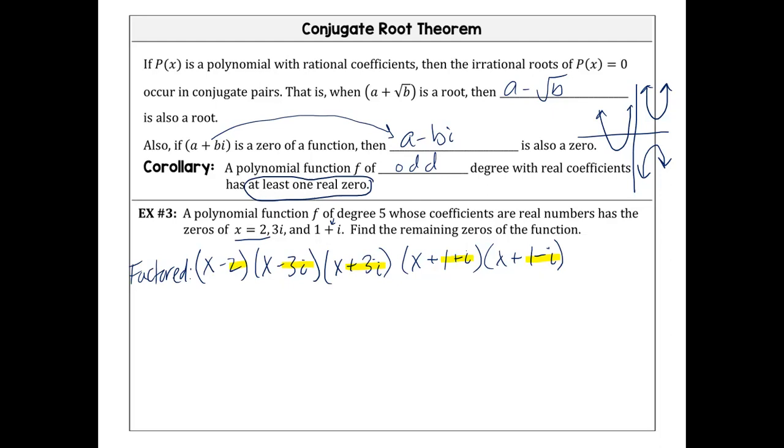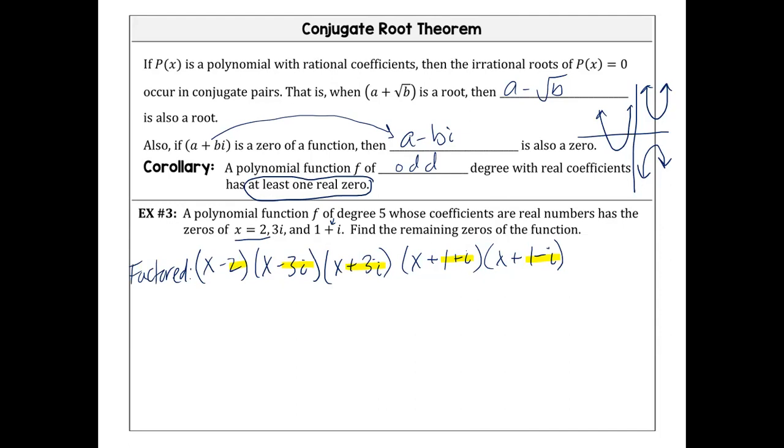Why isn't it x minus 1 minus i on the very last one? For complex number factors, only the second operation changes. Does that make sense?